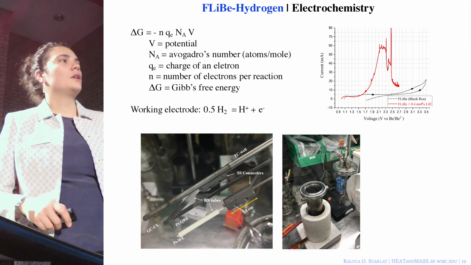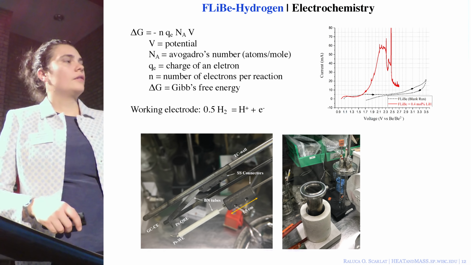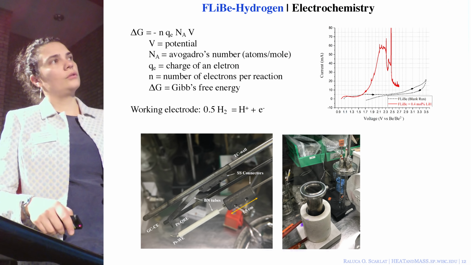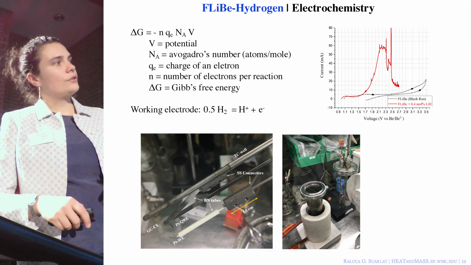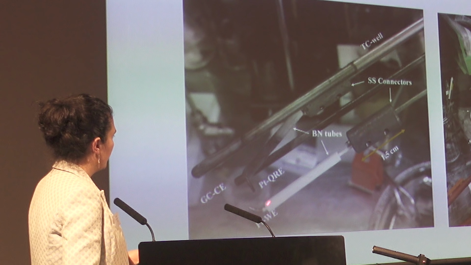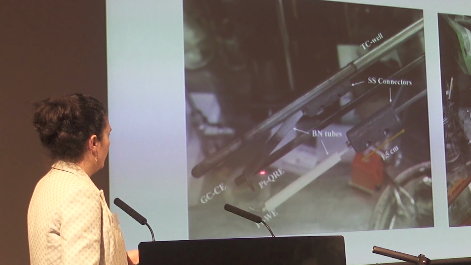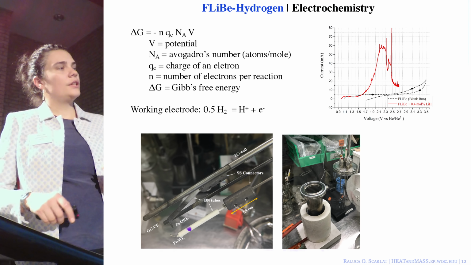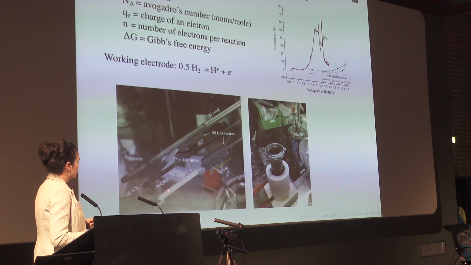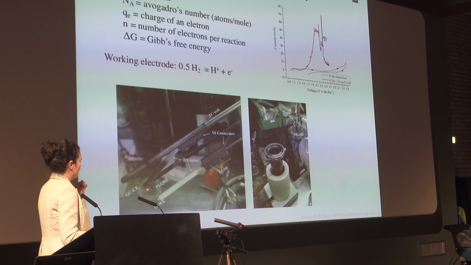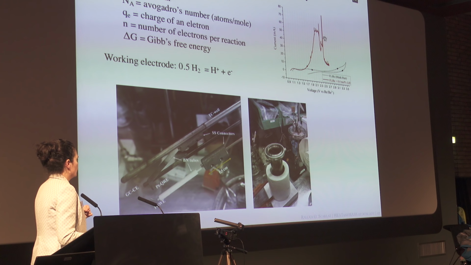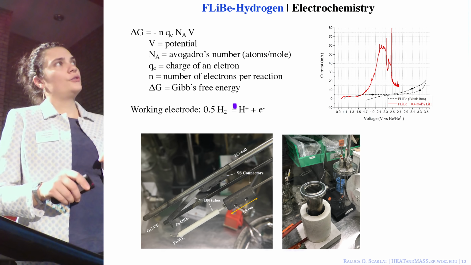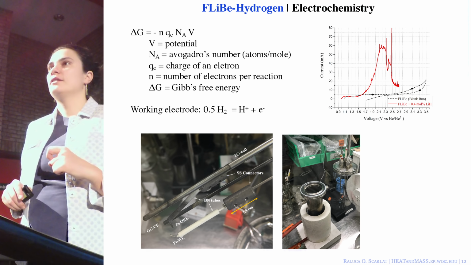So what are electrodes? Electrodes are conductors that we immerse in the salt. So here is a pot of salt in an oven, and these are our electrodes. They're wires, basically. We had a platinum wire and a glassy carbon wire. And so if we apply a potential across these two electrodes, in principle, if we apply just the right potential, we should be able to manipulate this reaction of hydrogen gas going to a hydrogen ion in the salt.